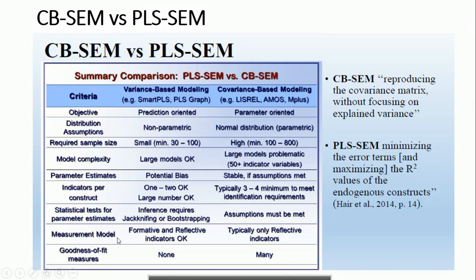For the measurement model, formative and reflective indicators are both okay together. We can use formative or reflective or mix both of them. But AMOS typically only uses reflective indicators, so it is most difficult to use the formative.